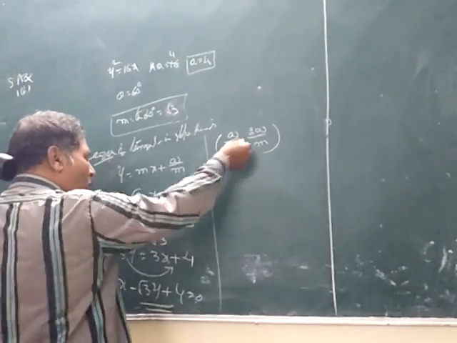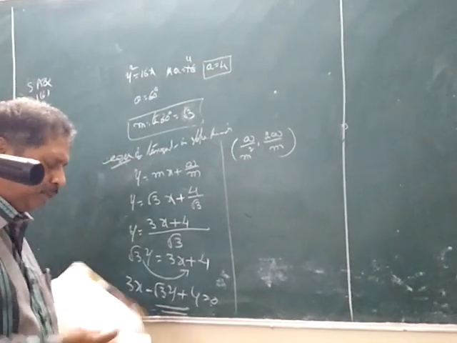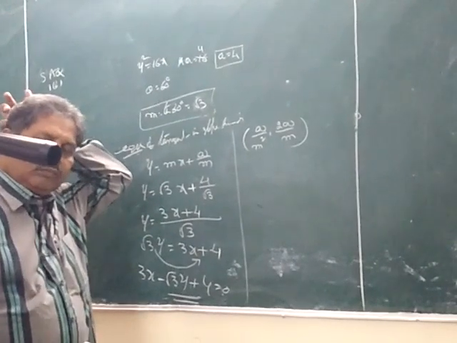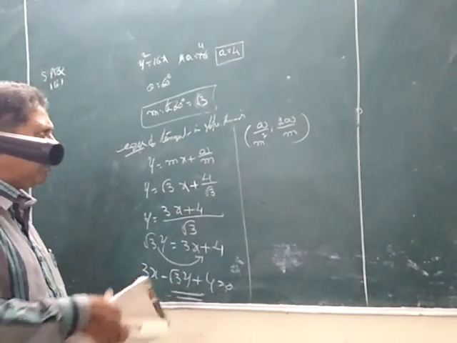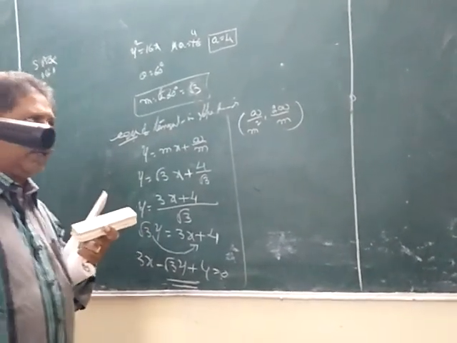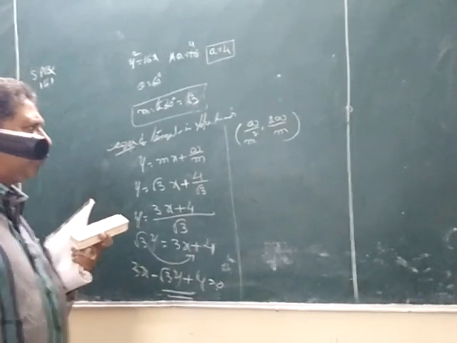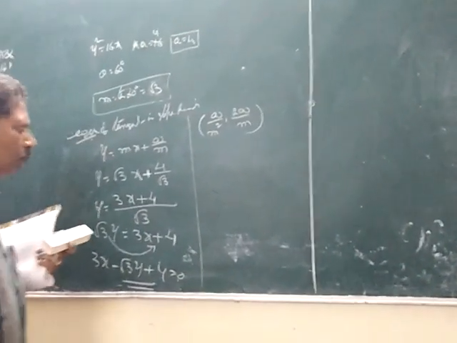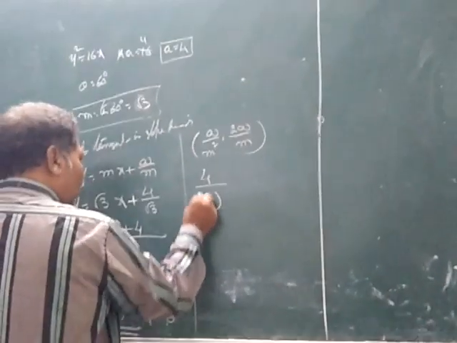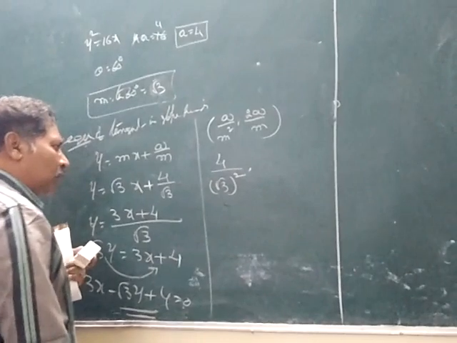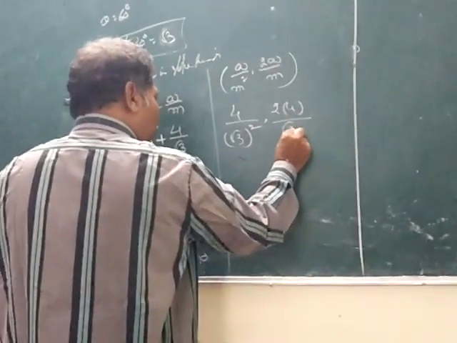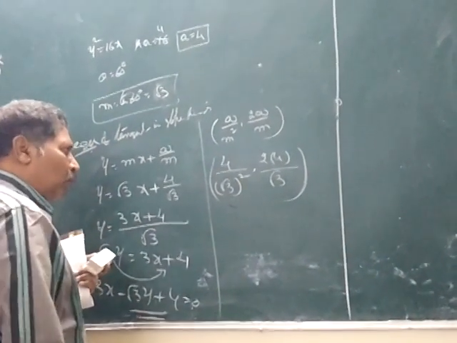Second question, point of contact: a by m square, comma 2a by m. a value 4, m square √3 whole square, 2 into a value 4 by √3.